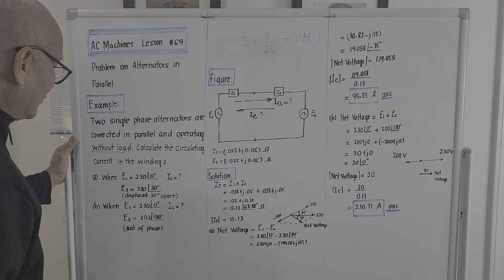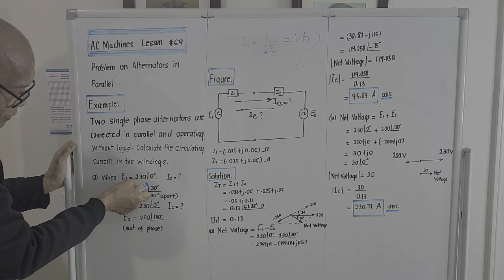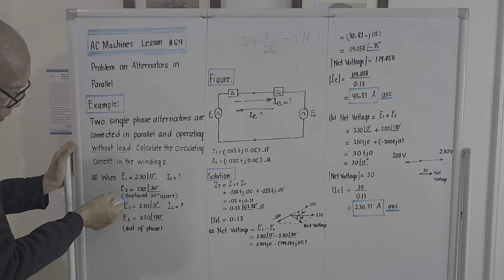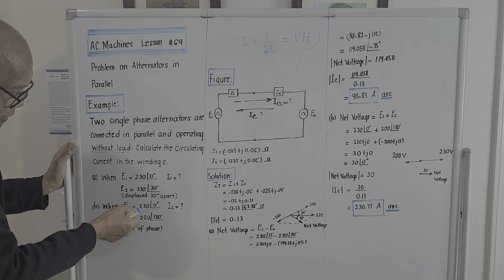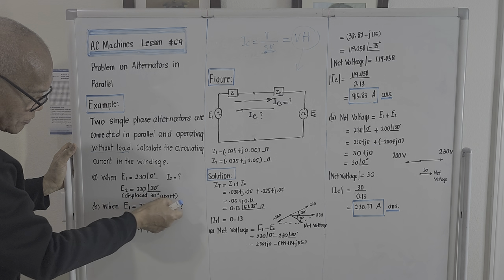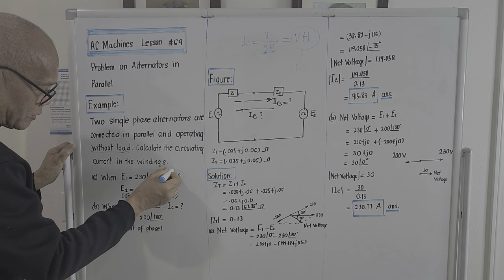Let's try to bring out the unknown. When E sub 1 is equal to 230 angle 0 degrees and E sub 2 is 230 angle 30 degrees, they are displaced 30 degrees apart. The problem is asking what will be the value of the circulating current.